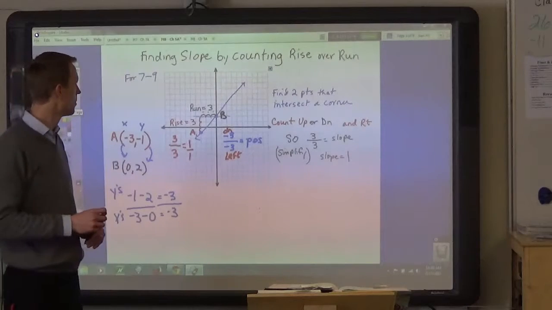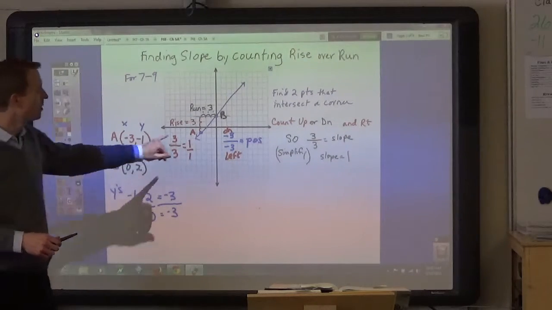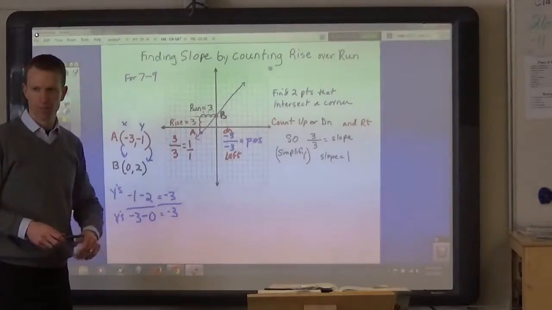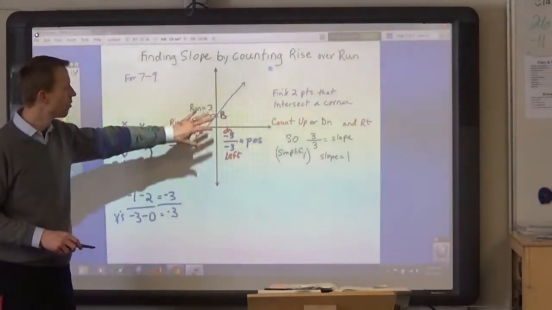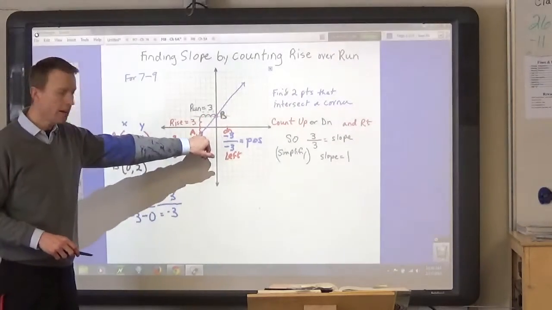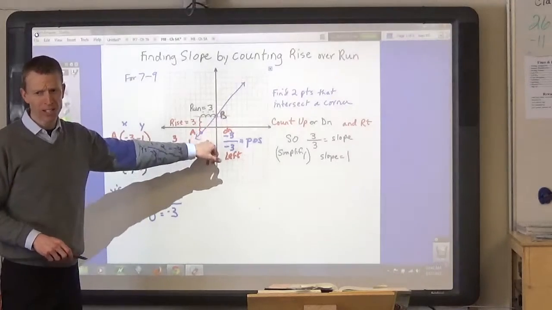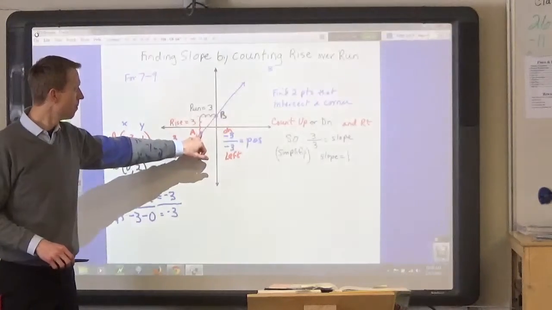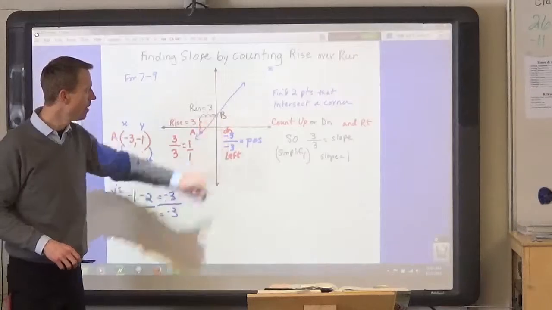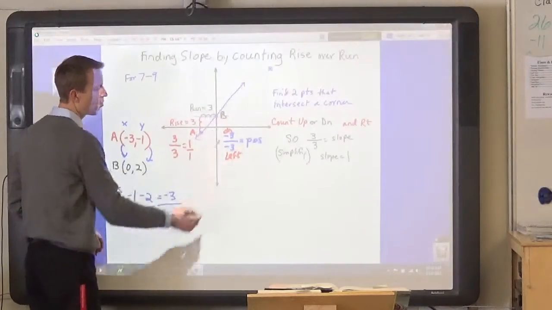So there's another way to find slope, and that's by counting from one point to the other. Let's say that you're given a graph that says find the slope. You can find a point along the line. It's usually easiest to find a whole number point. Like this one, point A to point B, assuming the interval is 1.